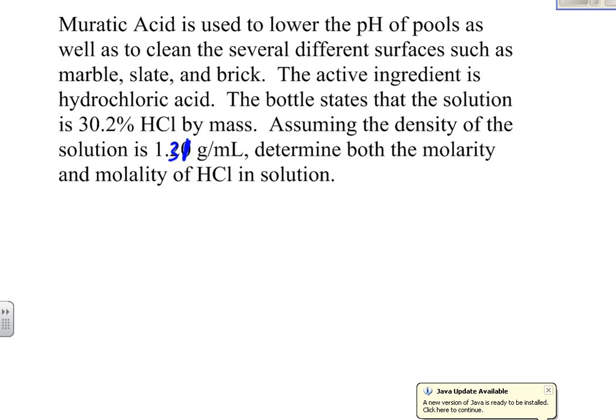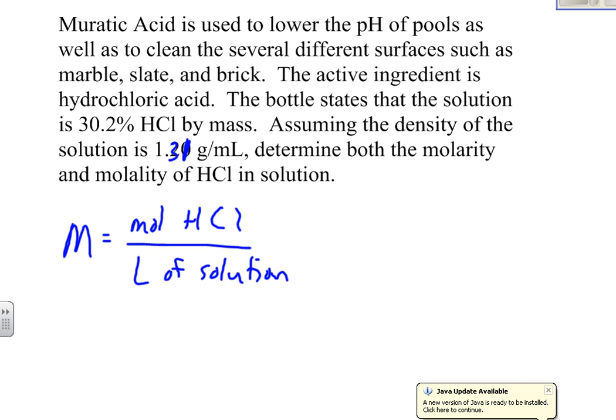So we'd start off with the formulas for these. If we go with the molarity first, molarity is going to be equal to the moles of HCl divided by the liters of solution. Now, we aren't given any amounts of this, but we are given the percentage.